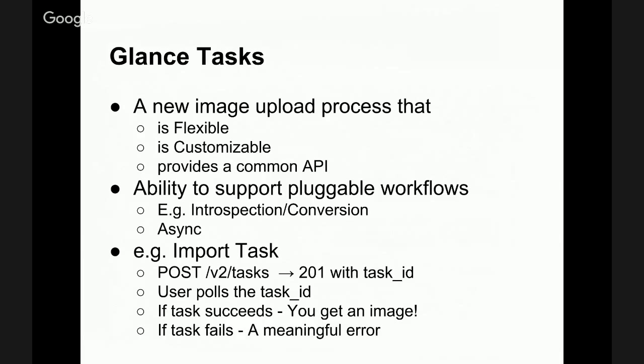So we have this concept of pluggable workflows in Glance. Out of the box, we support introspection and conversion of disk images. When a user uploads, say, a QCOW disk, the operator-specified pluggable workflows will kick in, convert the QCOW image to a VMDK, and then upload it to the backend.